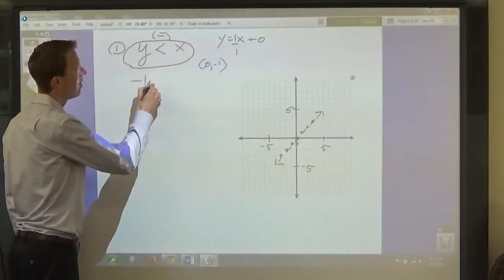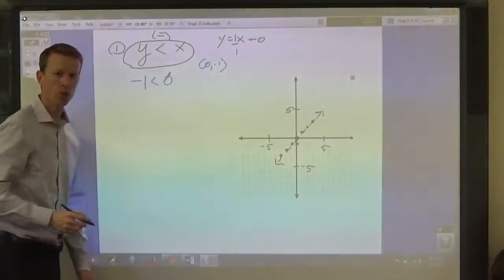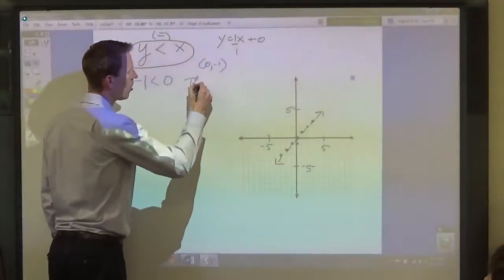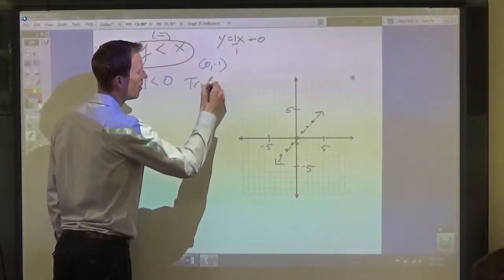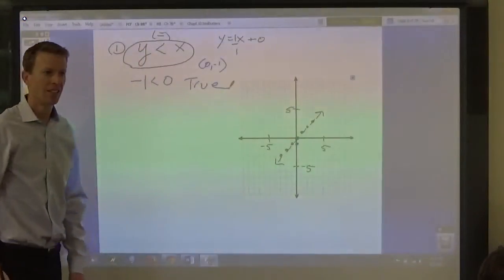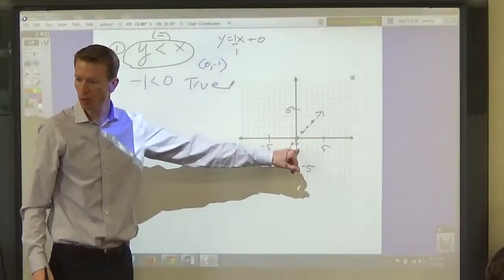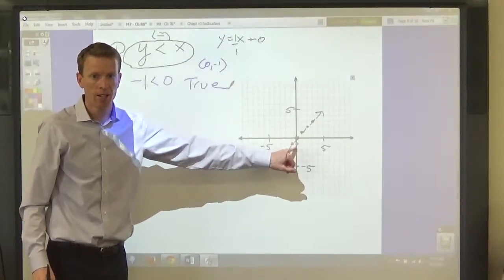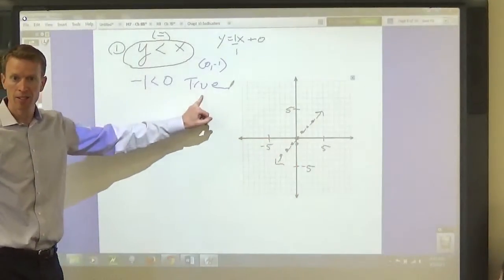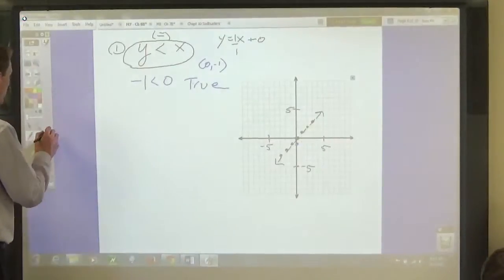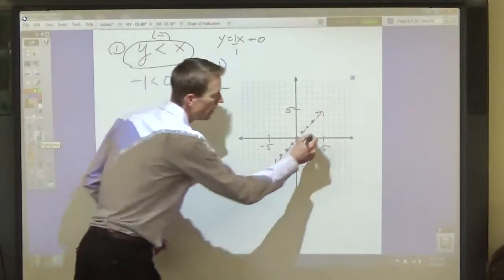Yes. Negative 1 is less than 0. Is that true? Yes. True. So which side should we shade? The side that has that point that makes it true. This point makes a true statement. So we should shade this side.